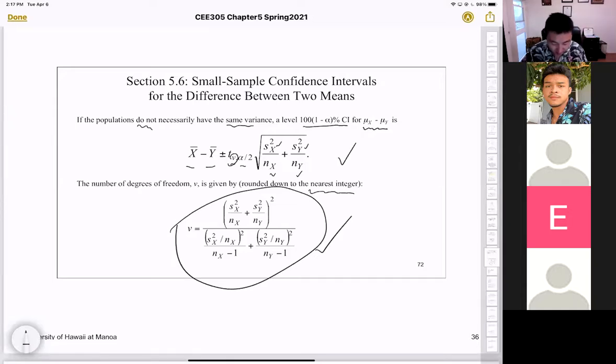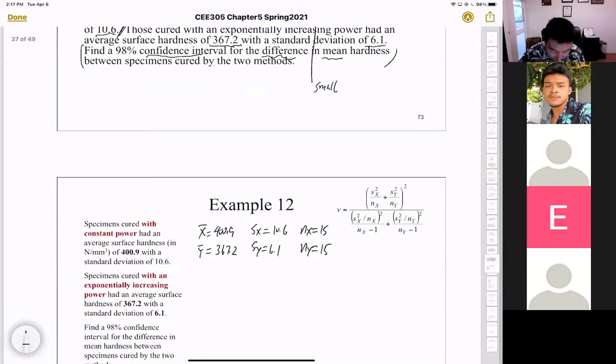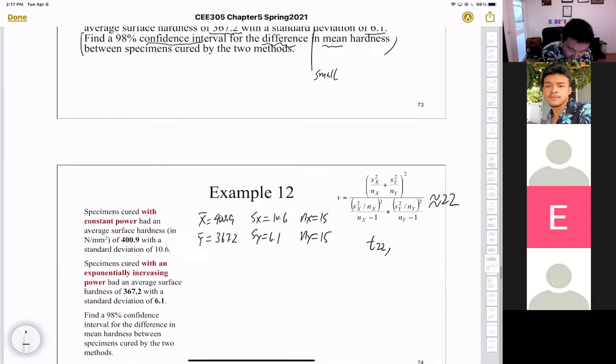It turned out the degree of freedom is around 22. To the nearest integer, about 22. So the t value will use 22 for the degree of freedom. Alpha is based on the level of the confidence interval.